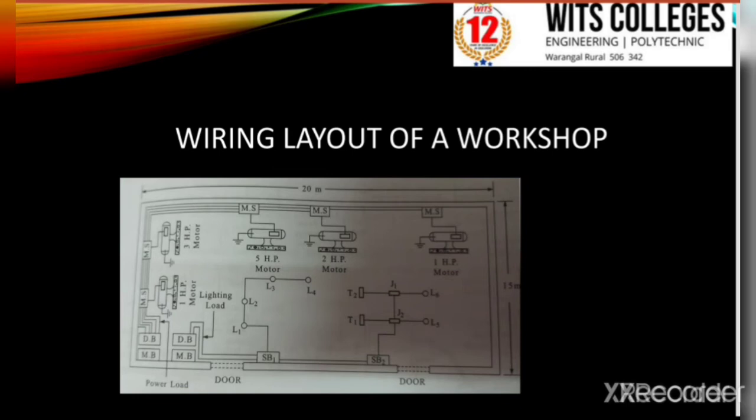From switchboard 2 we have taken 2 junction boxes. From these 2 junction boxes we are keeping 1 tube as well as 1 lamp. Usually we take the wattage of the tube as 60 watts, whereas for fans we take the wattage as 80 watts.